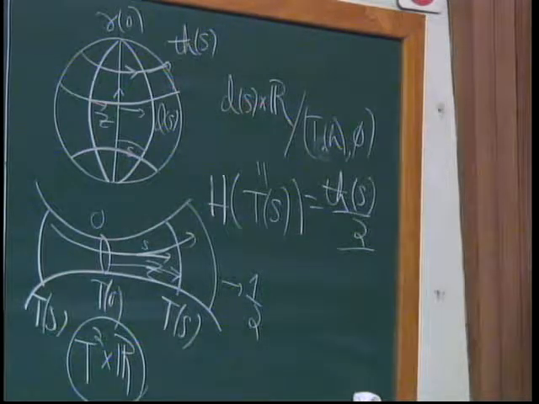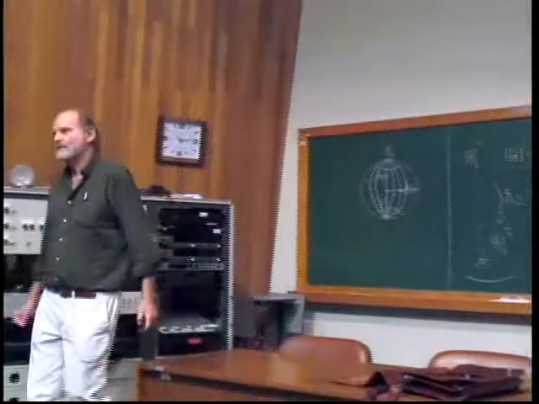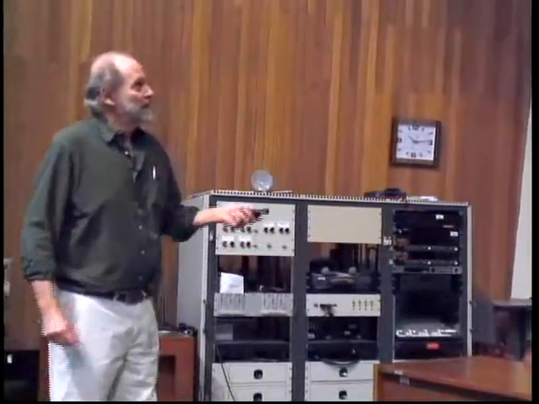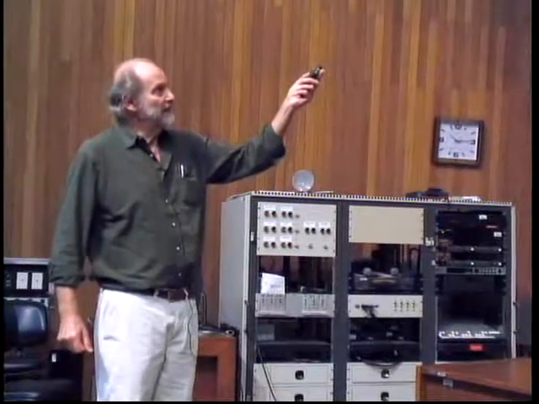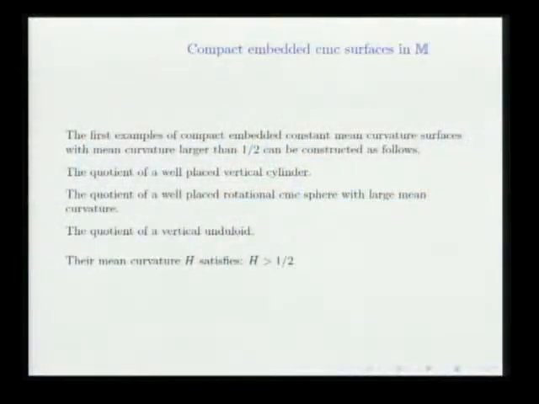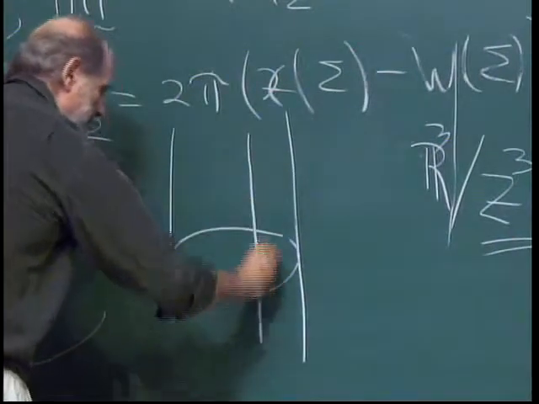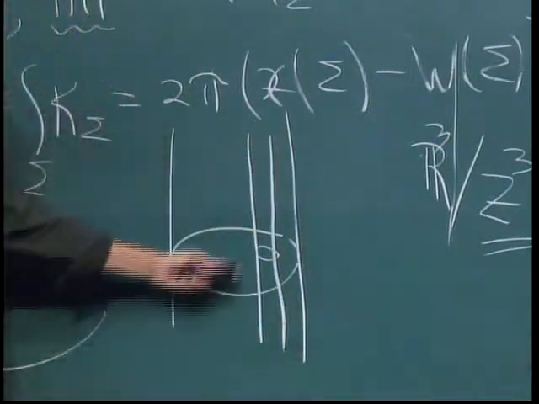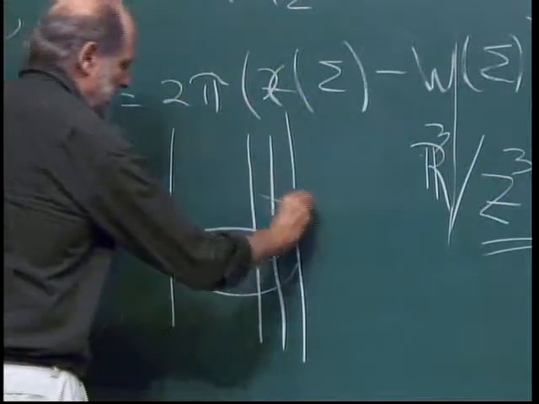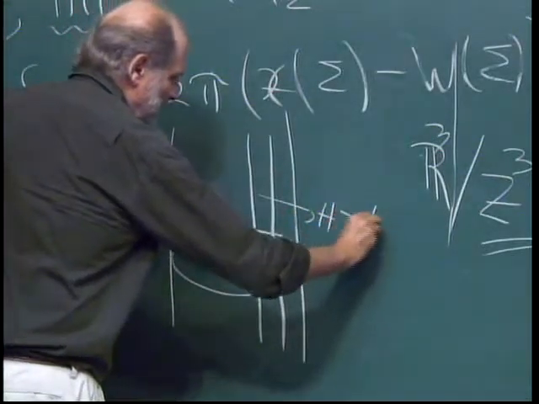So what are some examples of constant mean curvature or minimal surfaces in that space? The first examples you can take come from the quotient of a cylinder in H2 cross R. If I take H2 cross R, here's the disk cross R. If I take a small circle here, I pick the product with R. So that has mean curvature bigger than 1/2.